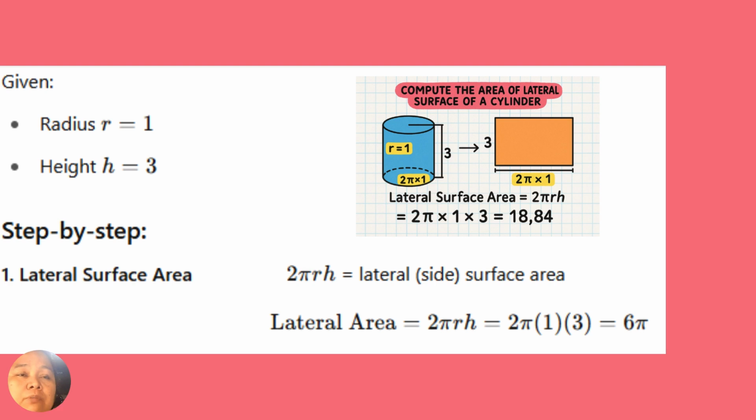You just multiply them all together, 2 times pi times r times h, so you will get 6 pi. Or if we convert this into a number, yung pi natin is 3.14, so that would be 18.84 units. So yun yung lateral surface area ng ating cylinder.